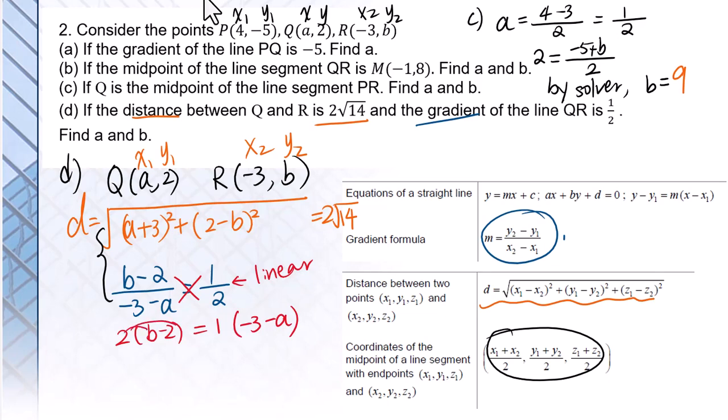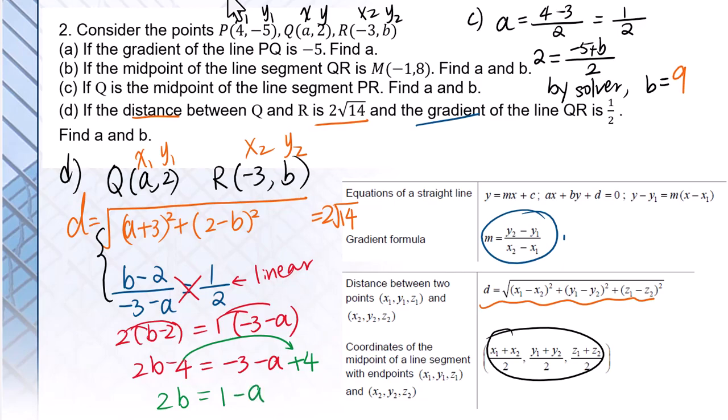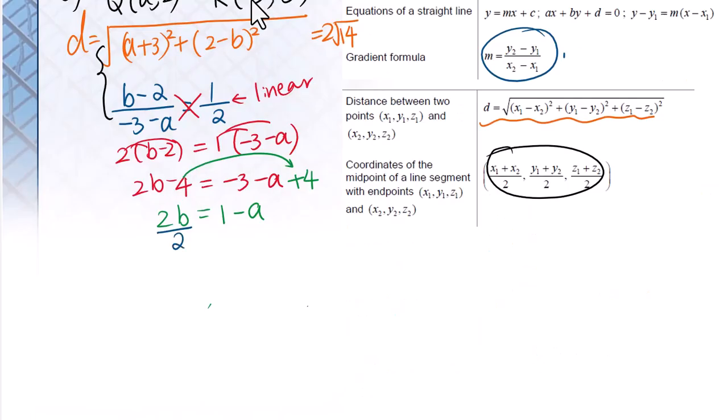Distributive property: 2b minus 4 equals negative 3 minus a. Let's solve for b. Add 4 to both sides: 2b equals negative 3 plus 4, which is 1, minus a. Divide by 2 on both sides: b equals (1 minus a) over 2.